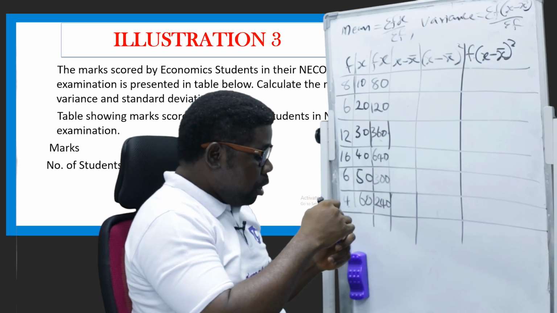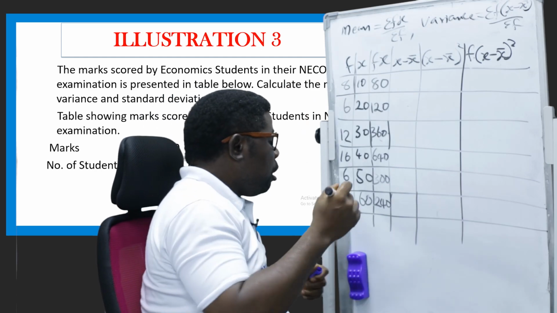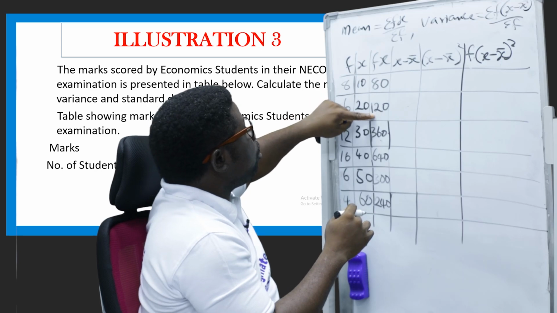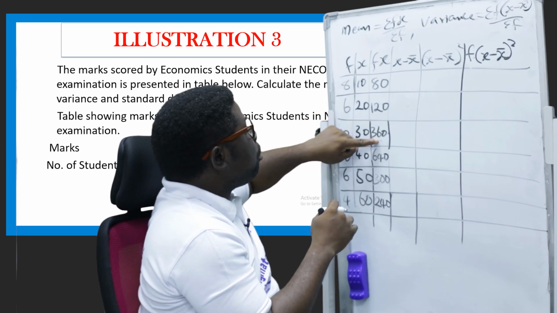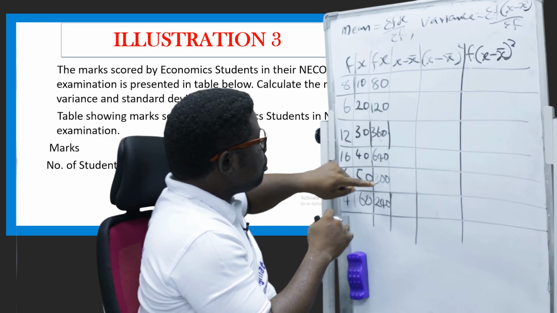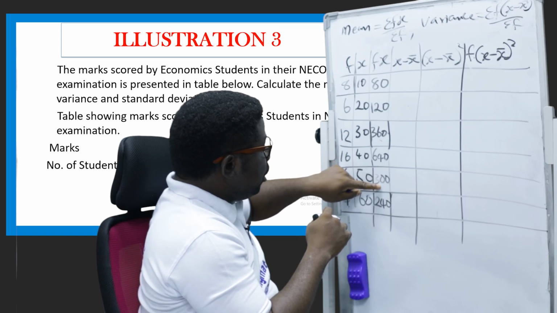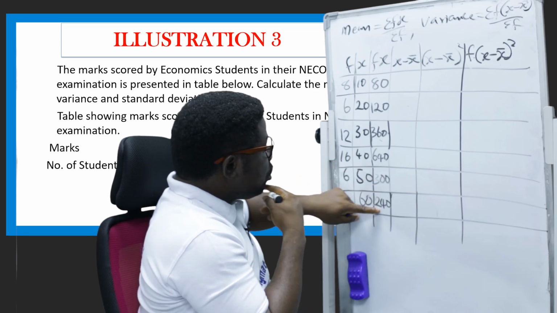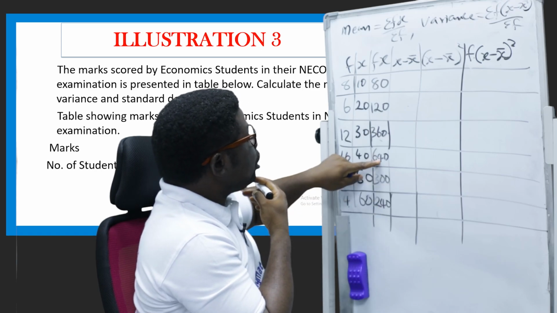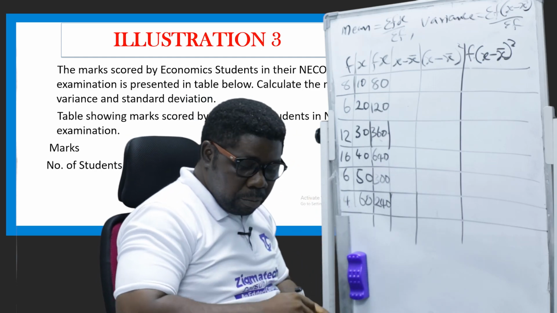So for us to get our mean, we have already done fx, so we'll sum it up to get our total values. So we'll add up. The first two is 200. 200 plus 360 is 560. 560 plus 300 is 860. But let's be sure and add it up together.